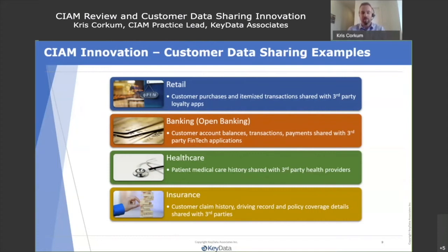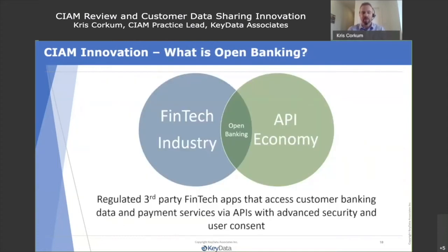But since open banking might be a new concept for some people, it certainly was to me not that long ago, I just wanted to dive into that. So in my mind, open banking is really the coming together of the emerging fintech industry with the API economy.